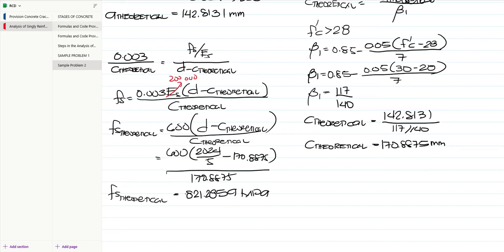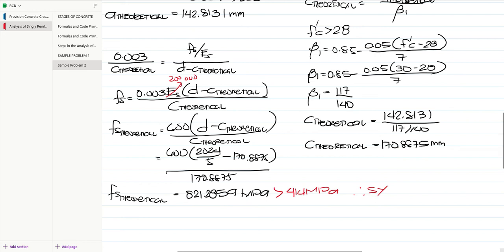So, as you can see here clearly, this is greater than our Fy, which is 414 megapascal. So, we can say that our assumption is correct and steels are yielding.